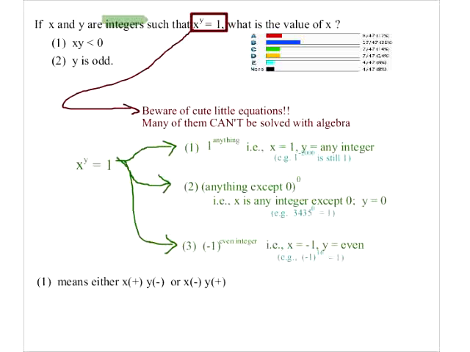So that rules out case 2 here, but case 1 works with this first one. And this works with case 3, as long as the even integer is positive. This works with case 1 as long as the exponent is negative.